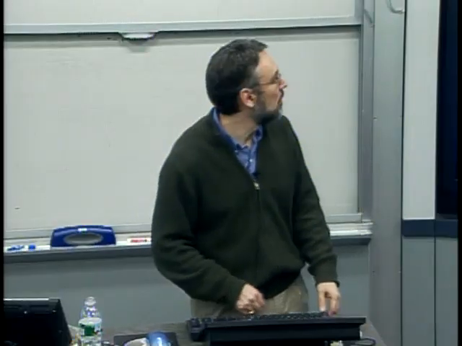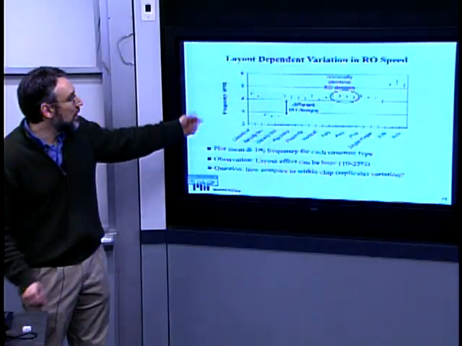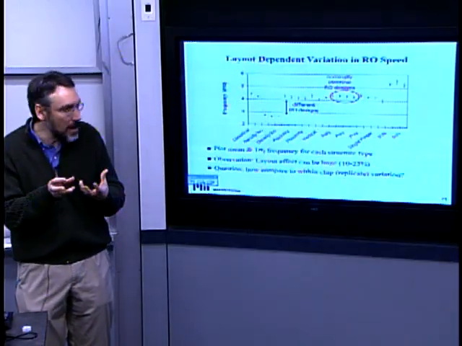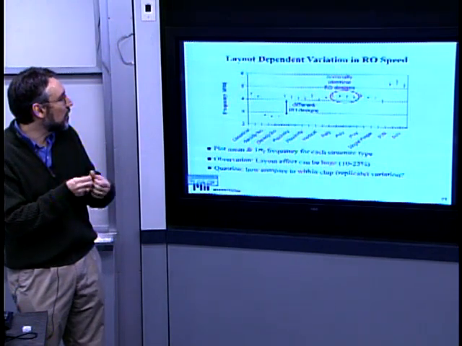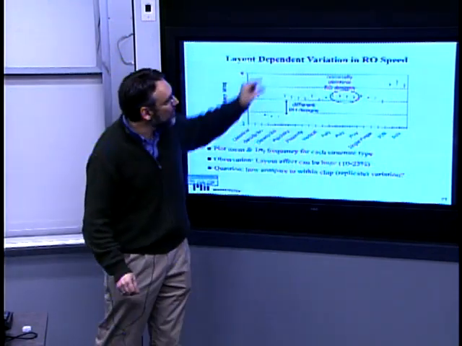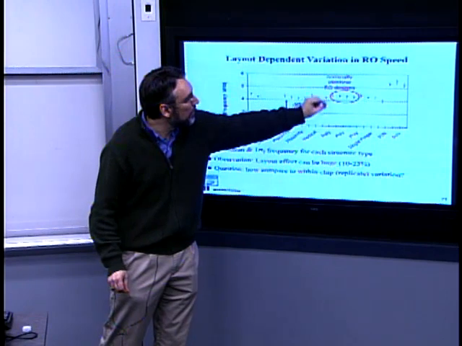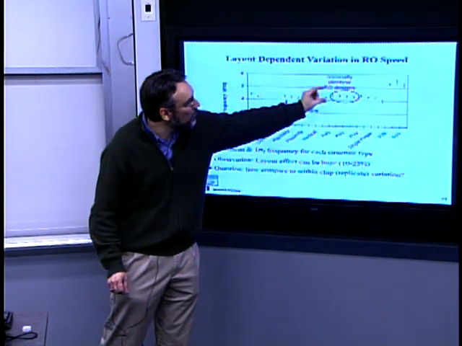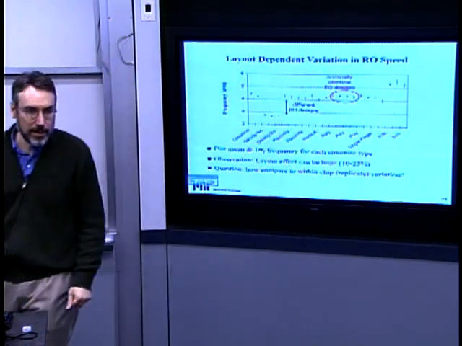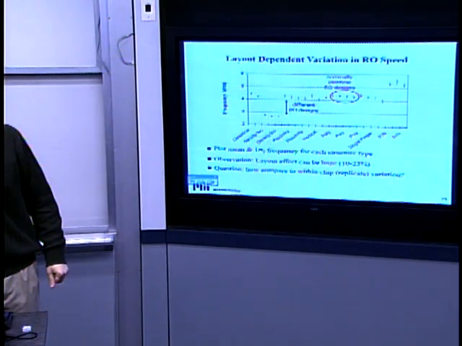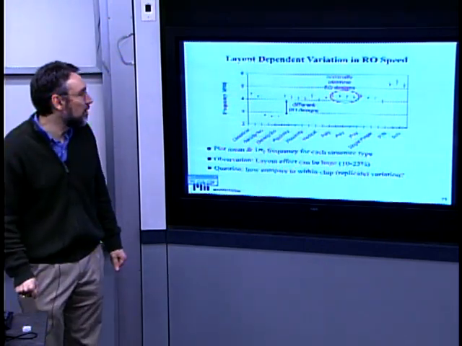You can also then start to look and say, depending on how you designed the transistor, what kind of offsets do you get in the frequency, and what kind of variation do you get in the speed of the devices.